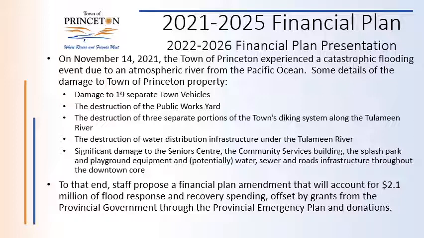As I said before, we have 19 vehicles that were damaged in the flood, and that insurance coverage will pay for the depreciated value on those vehicles. It's going to be pretty difficult finding replacements for some of those vehicles in our fleet, like for like. A lot of our Public Works fleet was on the older side. Some of the vehicles date back even to the 70s.